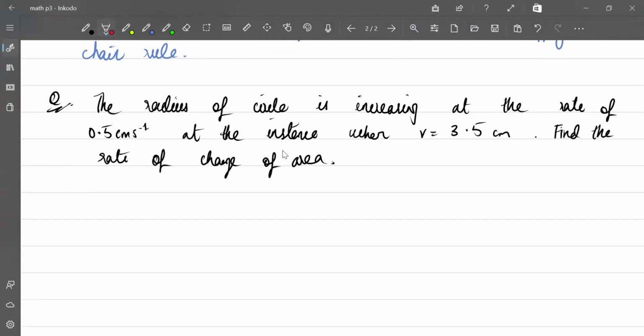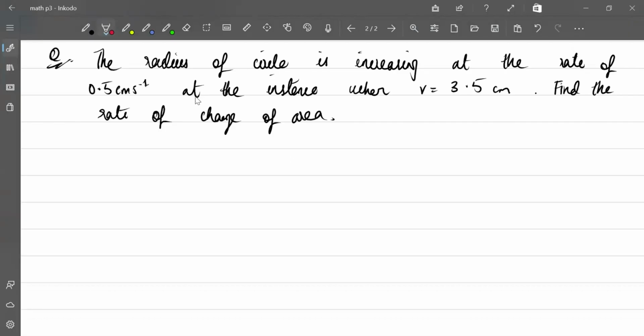All right, so you can see the question says the radius of a circle is increasing at the rate of 0.5 centimeter. What does this mean? This means that dr over dt, which is the rate, is 0.5. All right, and r is 3.5, and we need to find the rate of change of area. We need to find dA over dt.